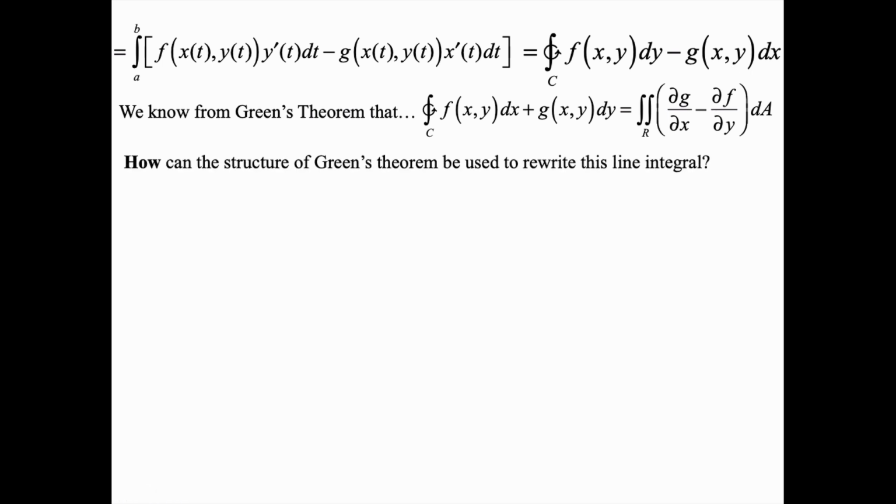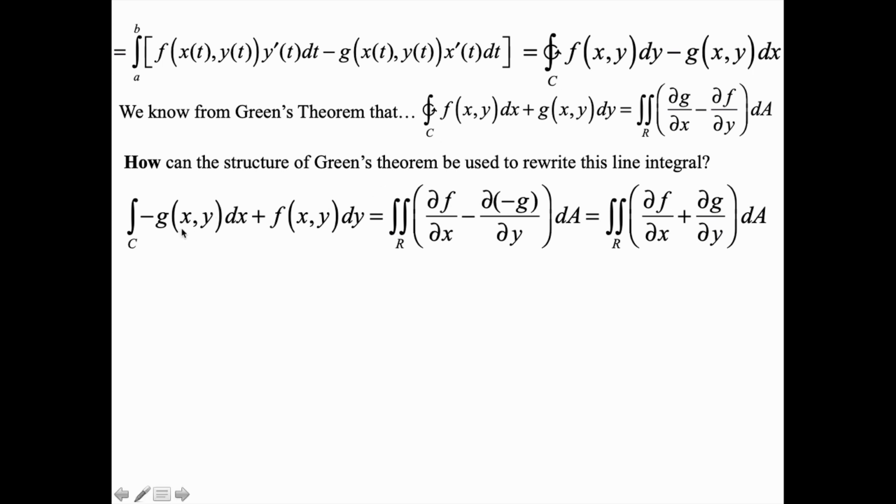So again, how can the structure of Green's theorem be used to rewrite this integral? Simply put your negative g of x, y dx integral in the front, plus the f of x, y dy component. But now that's starting to look much the same as Green's theorem. In fact, we are accustomed to seeing the dx differential first and the dy differential second. So now all we've got to do is apply the structure of Green's theorem.